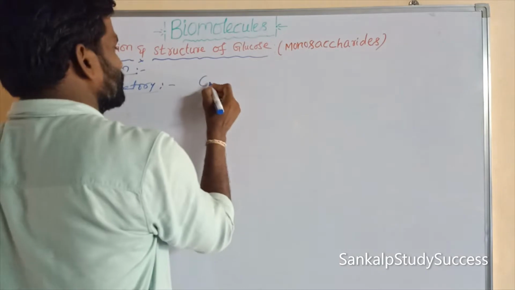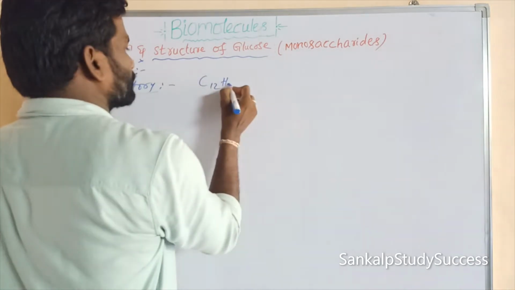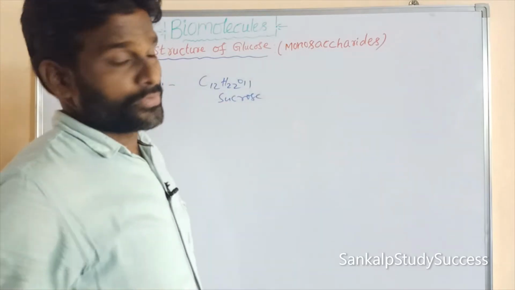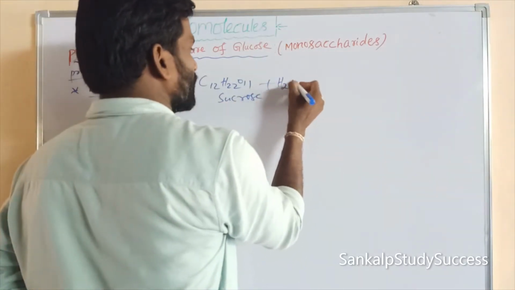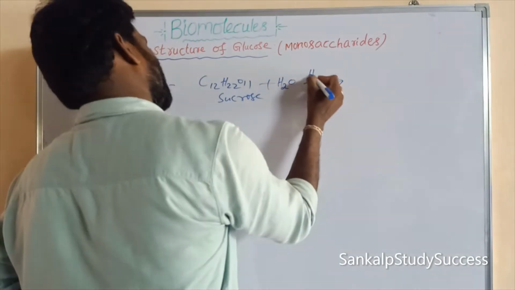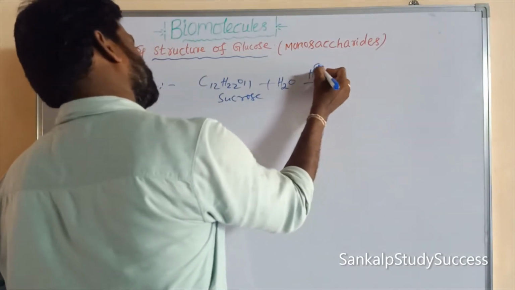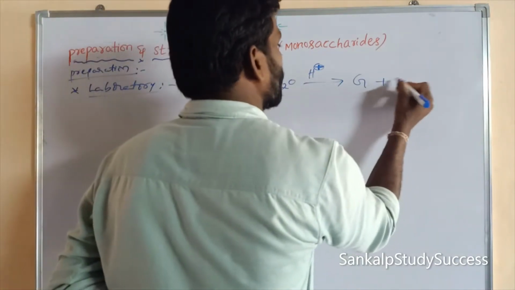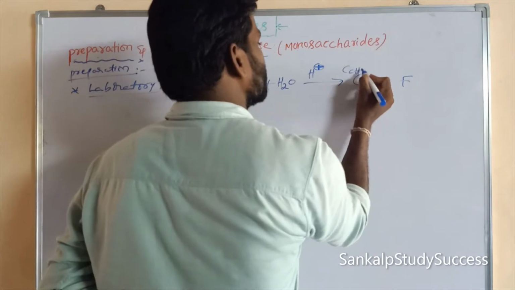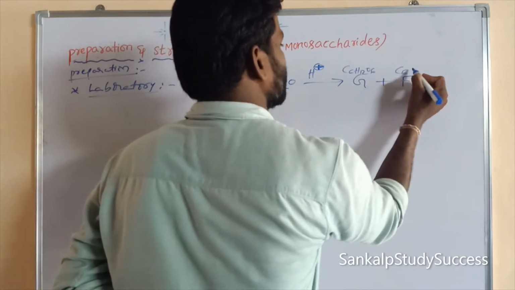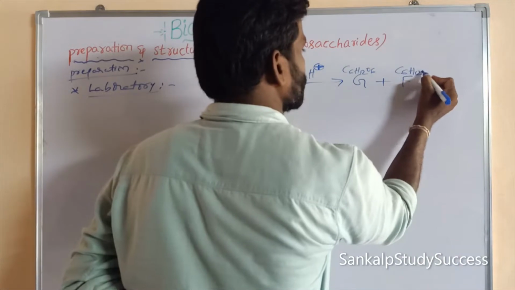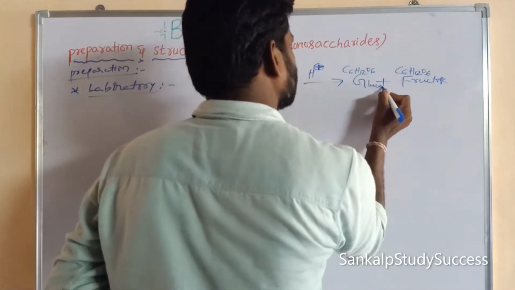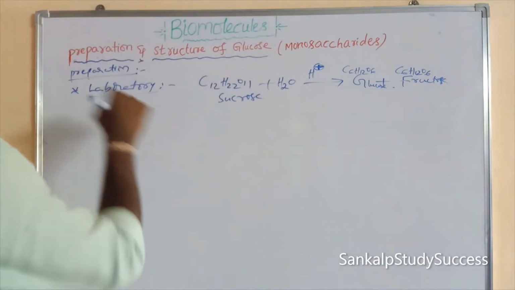Sucrose is C12H22O11, which on hydrolysis, meaning adding of water in the presence of an acid like H plus, gives glucose and fructose. What is their formula? C6H12O6, and fructose is also C6H12O6. So this is fructose, this is glucose. So this is the laboratory method.